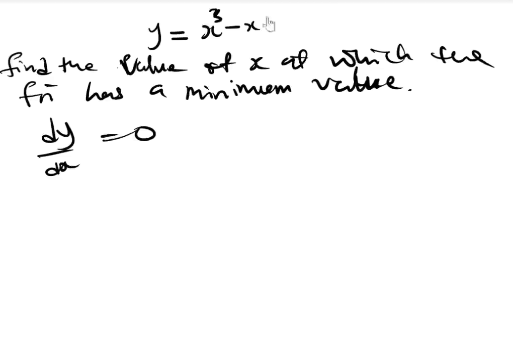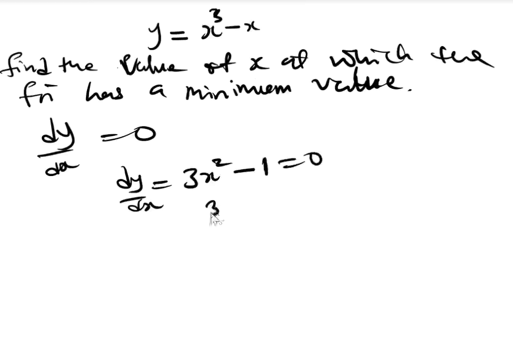So differentiating this expression, dy/dx is equal to, if I differentiate x cubed, it will be 3x squared minus, if I differentiate x, that will be 1. This is equal to 0. 3x squared minus 1 is equal to 0.